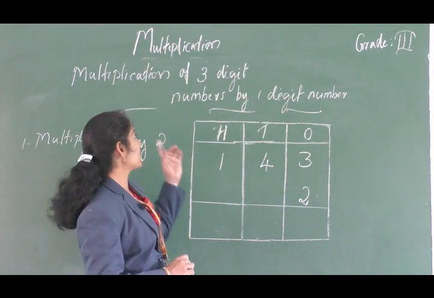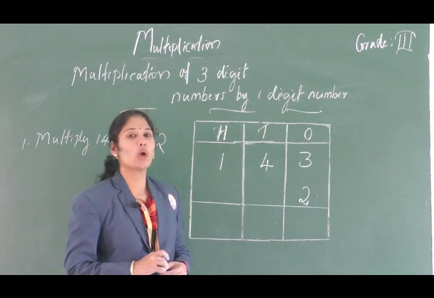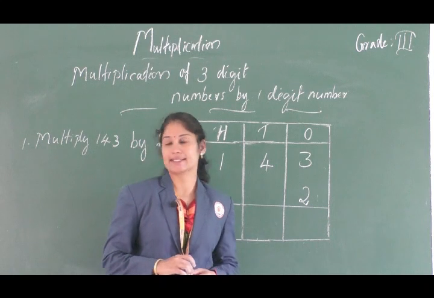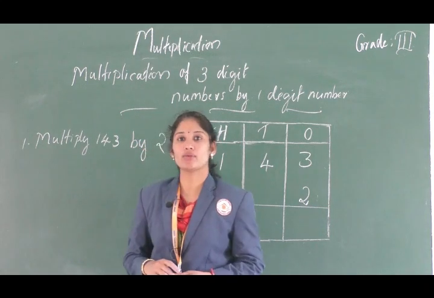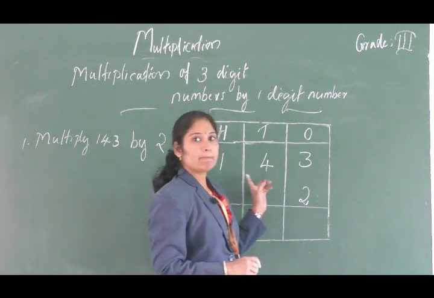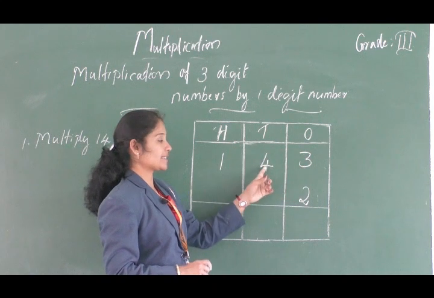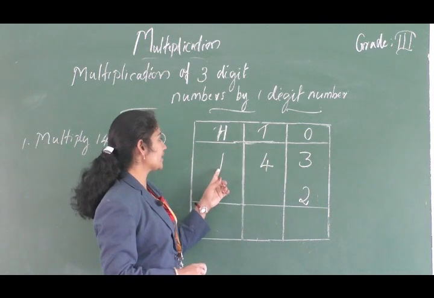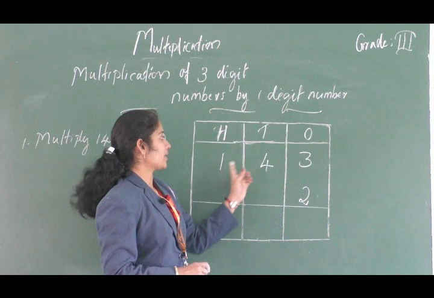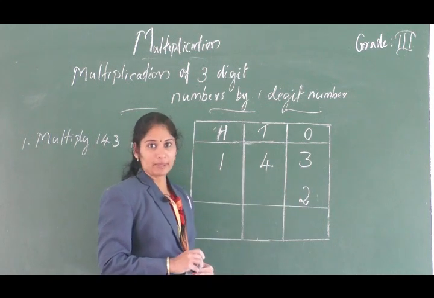Children, our next topic is multiplication of 3-digit numbers by 1-digit number. Let's take an example. Multiply 143 by 2. We can write in a place value chart. Here, ones place 3, tens place 4 and hundreds place 1. 143 is the multiplicand and 2 is the multiplier.